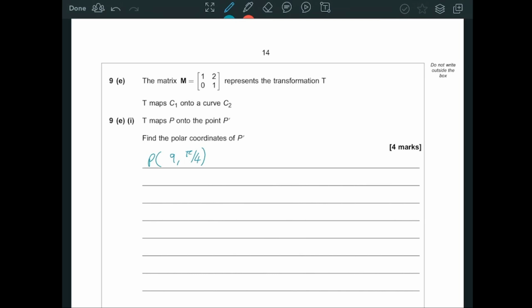So we need to convert this into a Cartesian coordinate, which isn't too bad at all because we have the polar set up as so. Now this is a right-angled isosceles, so this is going to be 9 root 2 over 2 and 9 root 2 over 2. Oops. So in Cartesian, my coordinates are as so.